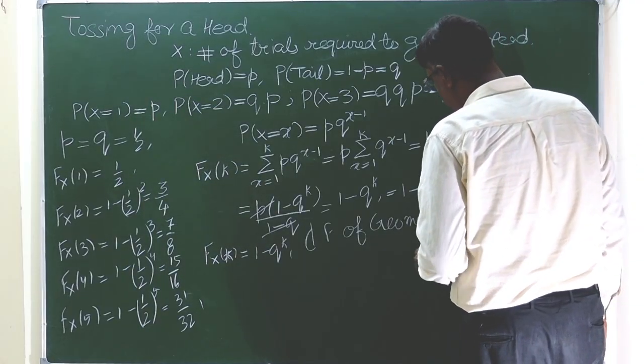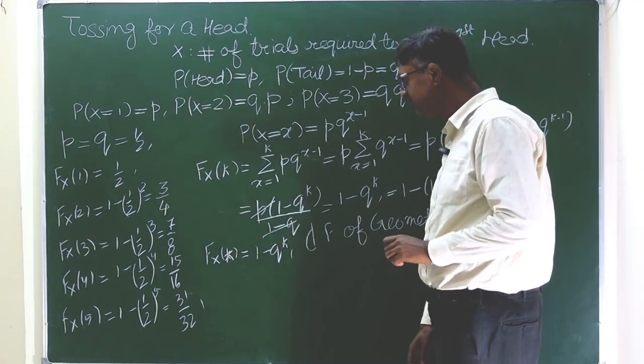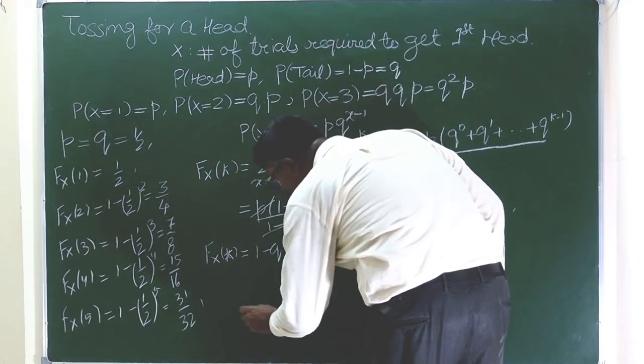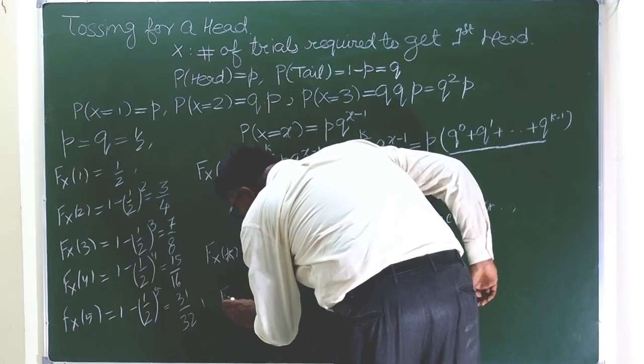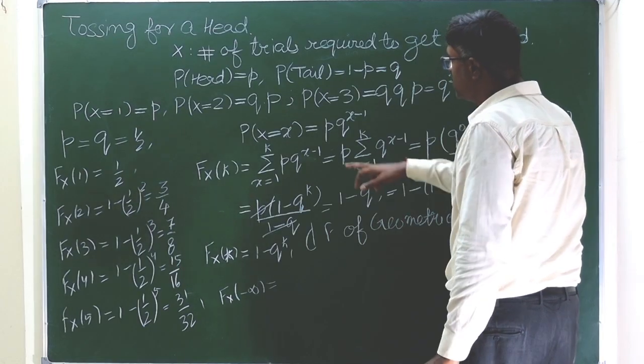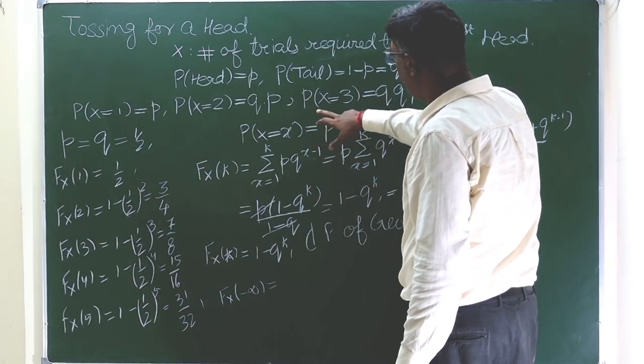Now we will first check the properties of the distribution function. So F of x at minus infinity is 0, since x takes values from 1 to infinity.